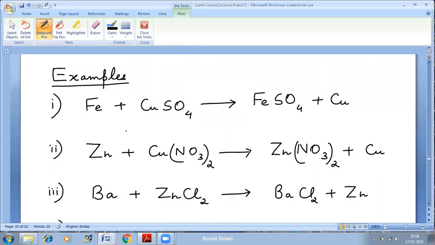Examples. In the first example, Fe is more reactive than copper. That is why Fe can displace copper from CuSO4 and form FeSO4 as one product.